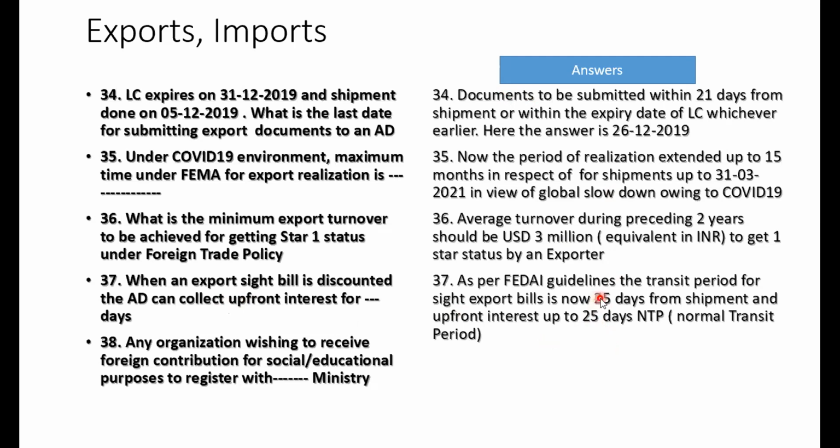So don't get confused between 21 and 25. The 21 is as per UCP guideline to tender the document after the shipment. The normal transit period is the time for the document to reach the other country; even a sight bill will take time. That normal transit period is 25 days, NTP. So even if you give a sight bill, you have to collect interest for 25 days.